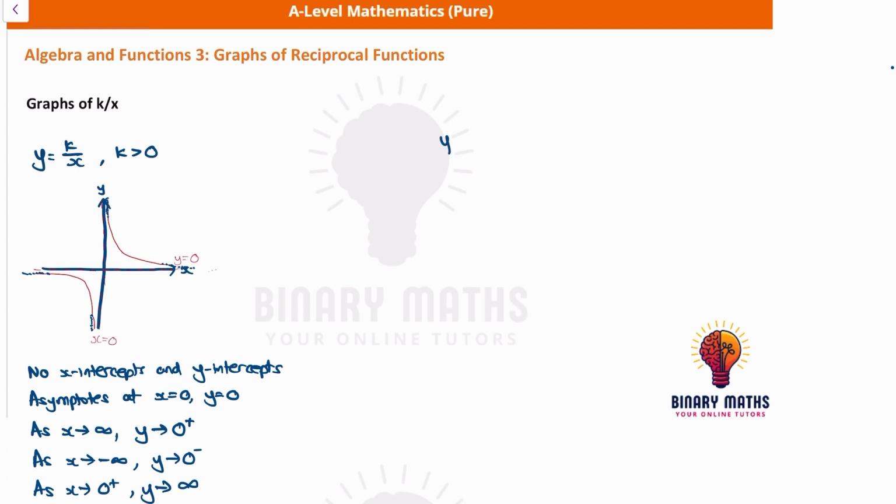Similarly, if I have y is equal to k over x, where k is less than 0, then if I were to sketch the graph, again we have two parts to this graph, but we have one part in the second quadrant and the second part in the fourth quadrant. Again, the asymptotes remain the same.